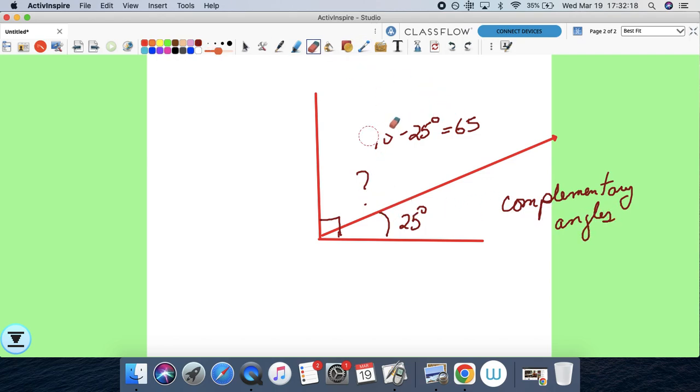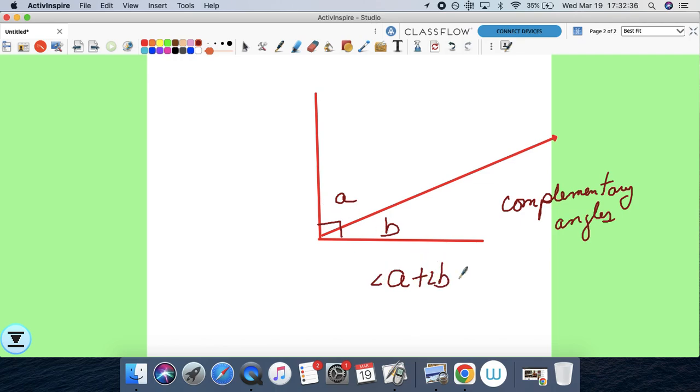So no matter what you call this, even if you call this angle A, give it a name, and this is angle B, the one thing you know for sure is that given that this is a 90-degree angle that was split into two, you can say that angle A plus angle B equals 90 degrees. And knowing that helps you set up the equations that we worked on today.